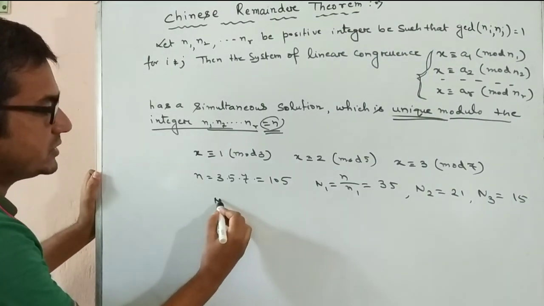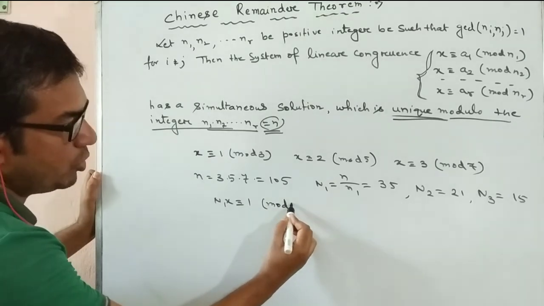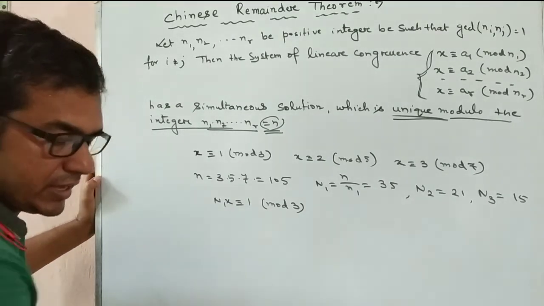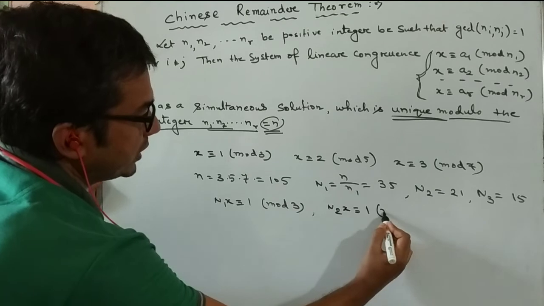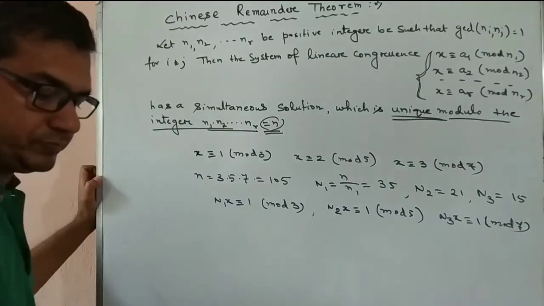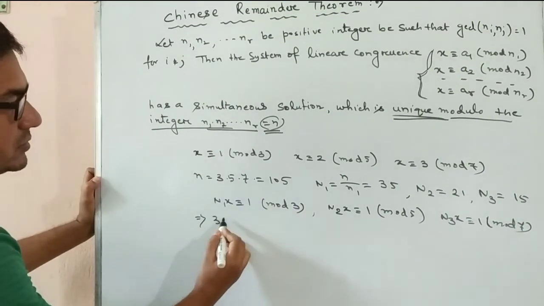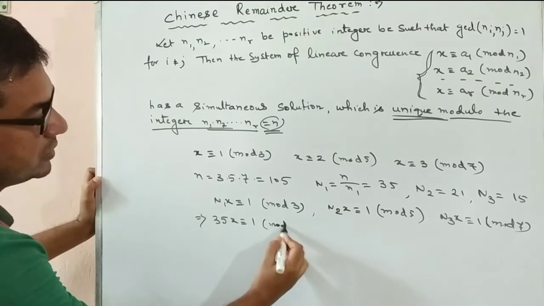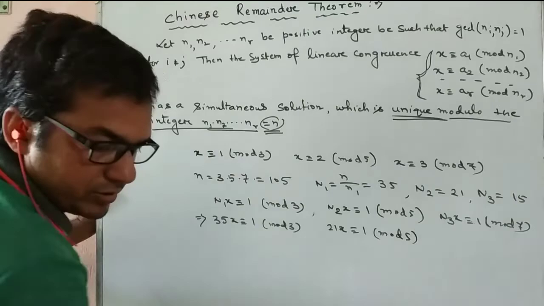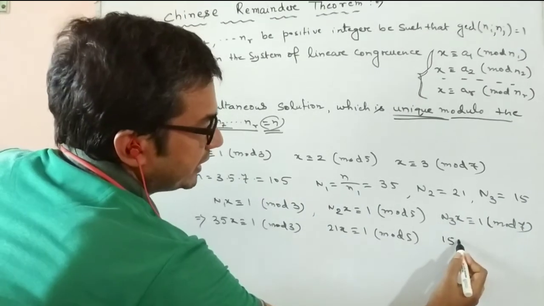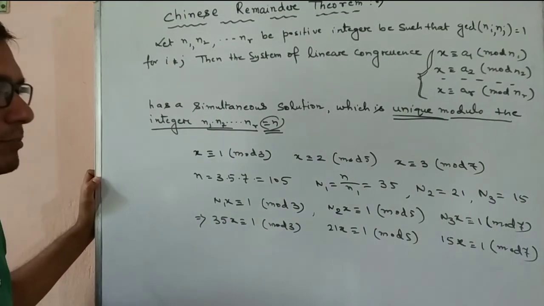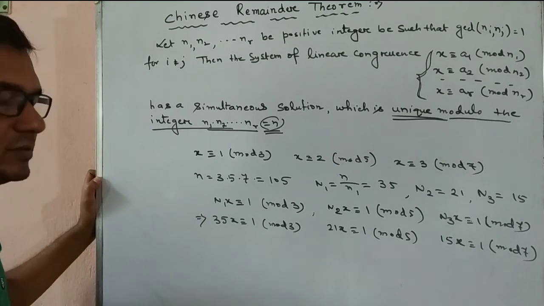Now the linear congruences N_1 x congruent to 1 mod 3, N_2 x congruent to 1 mod 5, N_3 x congruent to 1 mod 7, that is 35x congruent to 1 mod 3, 21x congruent to 1 mod 5, and 15x congruent to 1 mod 7, all have unique solutions.